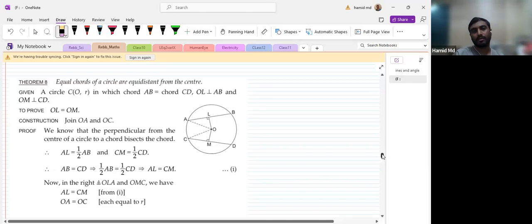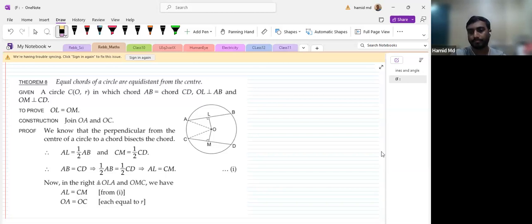AB is a chord and CD is a chord, in the two halves of the circle. It is obvious from our practical life that if the length is equal, then it will be at equal distance from the center. How we proved it, we already know, right? Yes, sir.